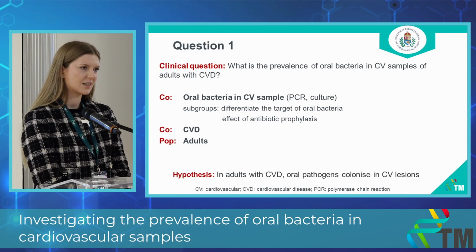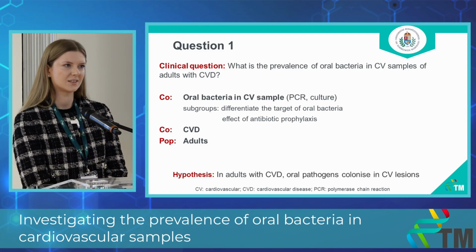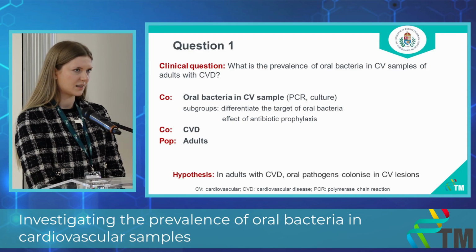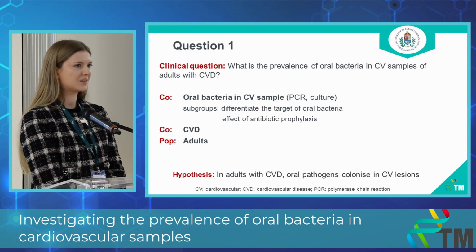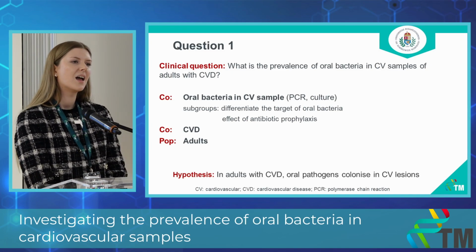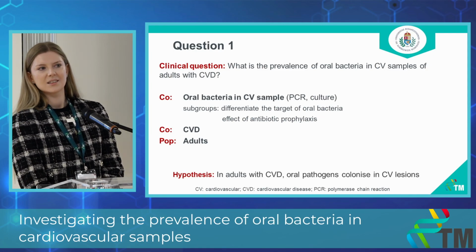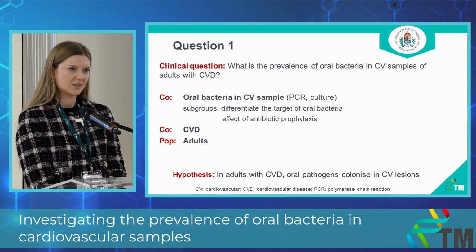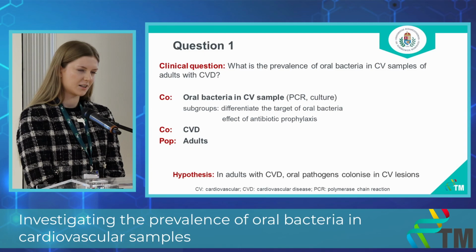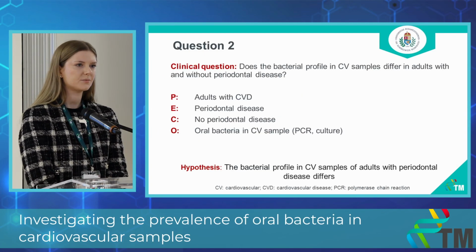My population is adults with cardiovascular disease, and we would like to detect oral bacteria in the cardiovascular sample by PCR and culturing methods. My hypothesis is that in adults with CVD, oral pathogens colonize in the cardiovascular lesions.